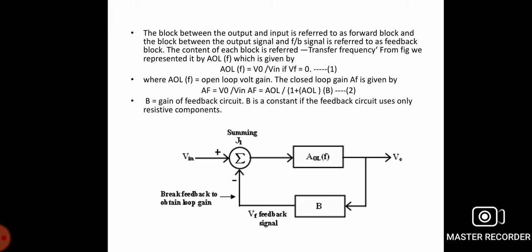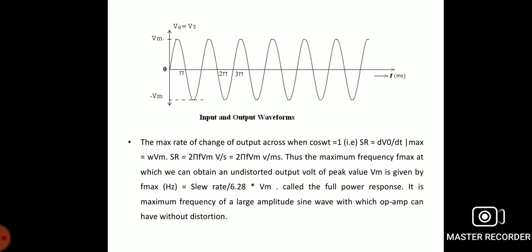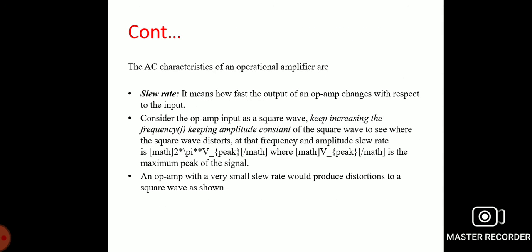Now the AC characteristics of an operational amplifier. First of all, we can determine the slew rate. It means how fast the output of an operational amplifier changes with respect to the input. Consider the operational amplifier input as a square wave, keep increasing the frequency while keeping the amplitude constant.